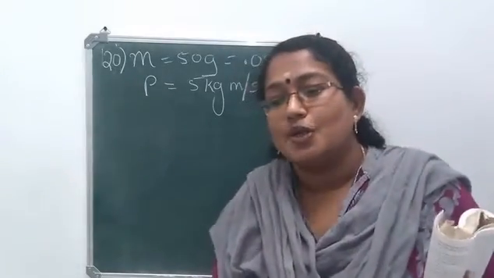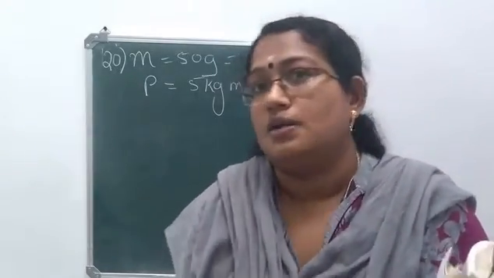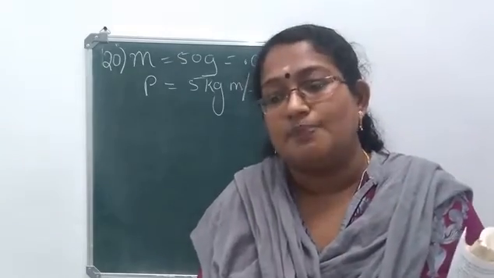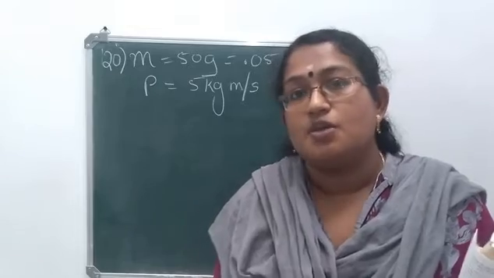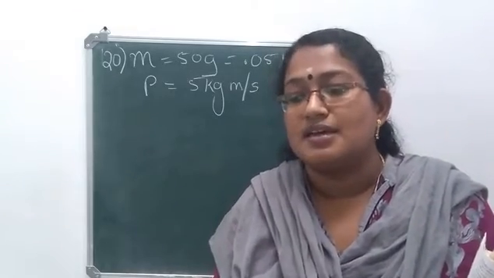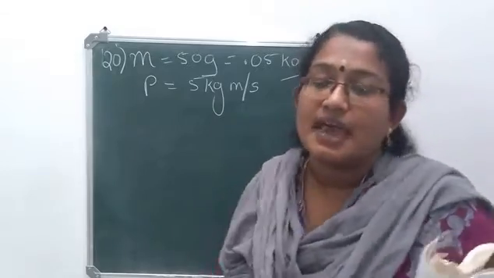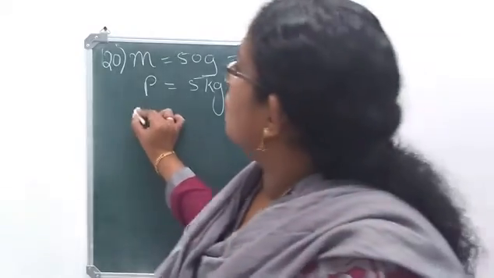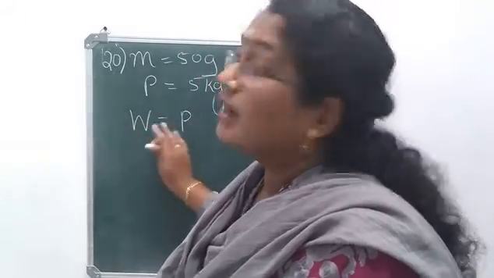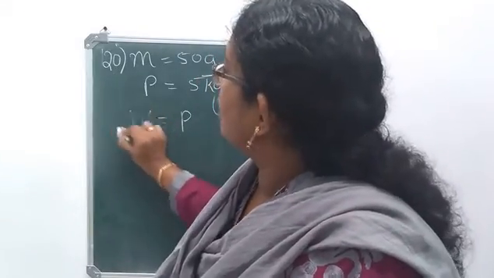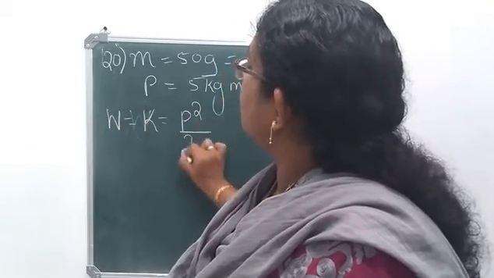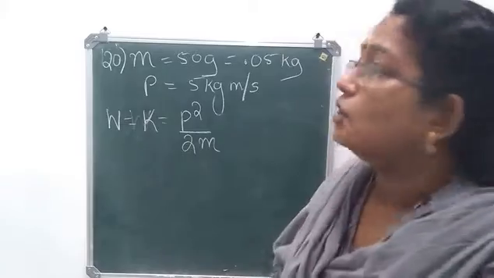Already I told you the work done on a body is equal to the increase in its kinetic energy. So you can use the equation for kinetic energy, or the other thing you can say is energy and work have the same dimensions. So work is equal to kinetic energy is equal to P square by 2m.